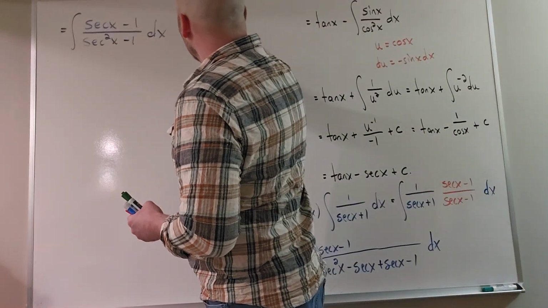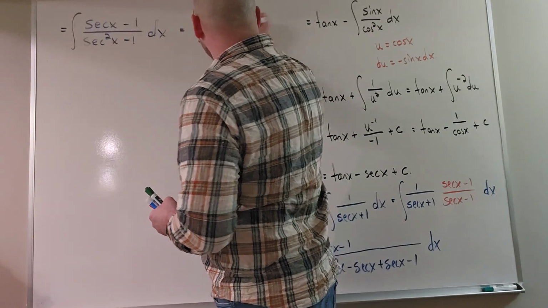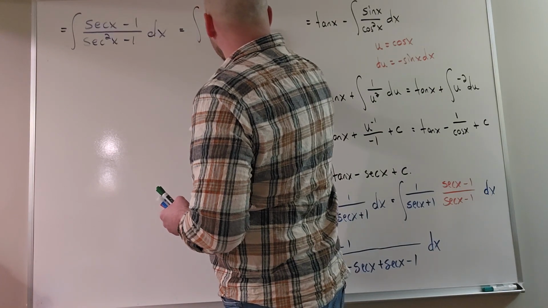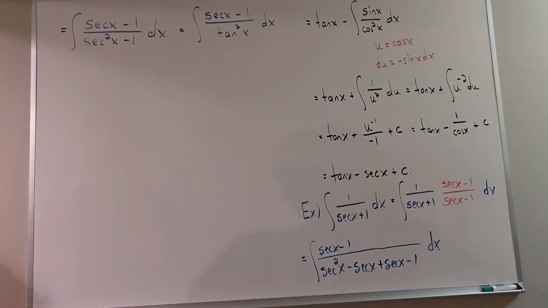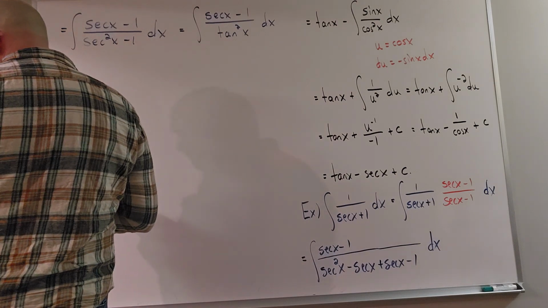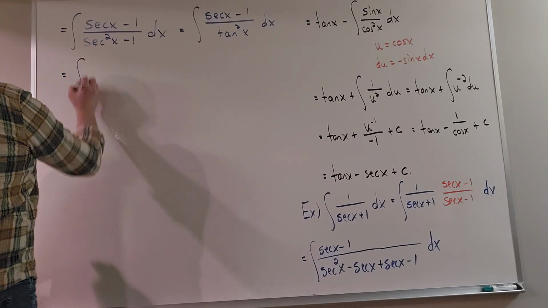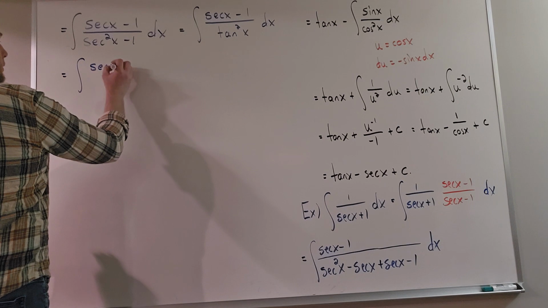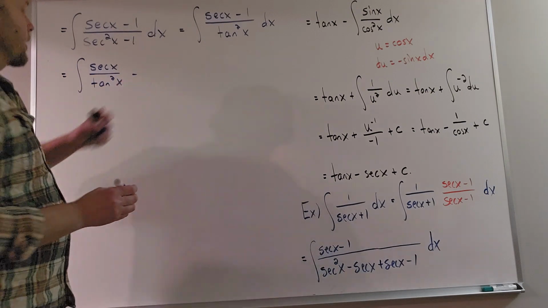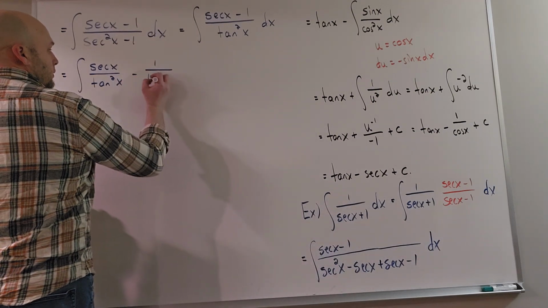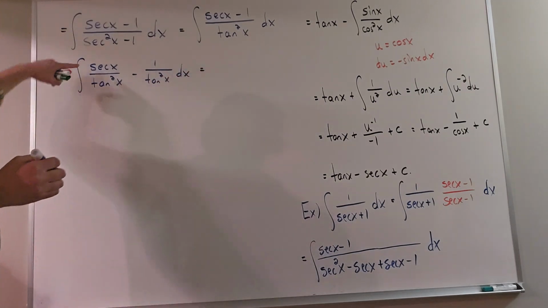Therefore, if I separate that, this would give me secant over tan squared minus 1 over tan squared.